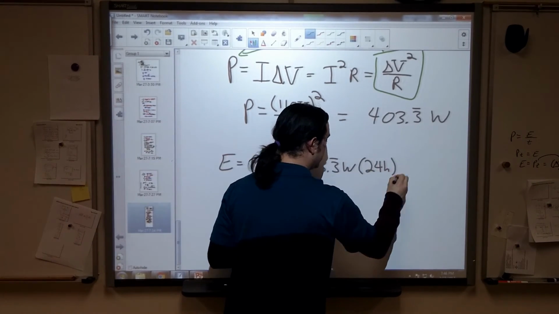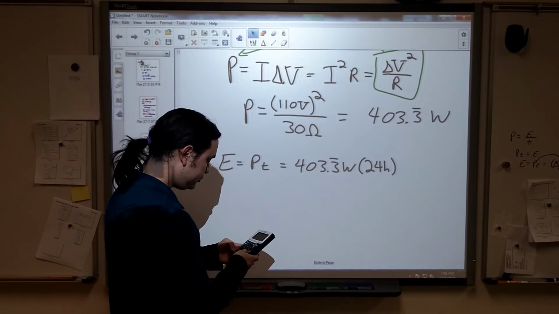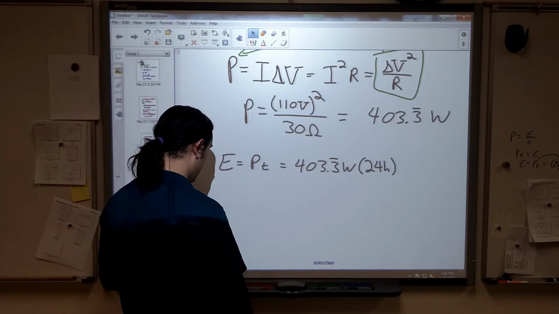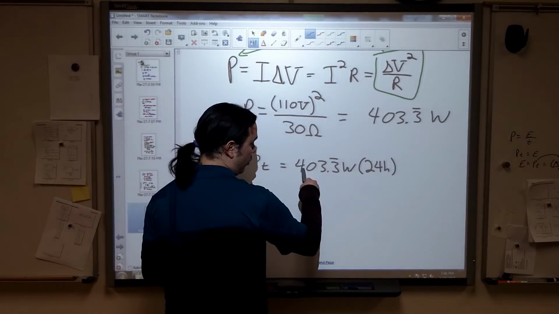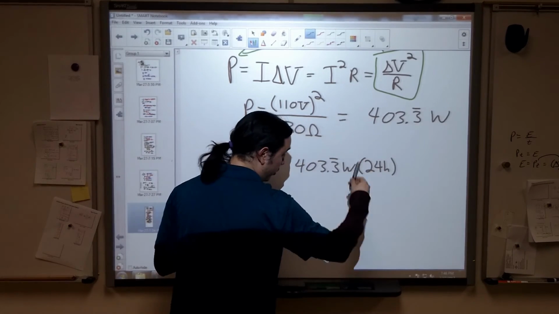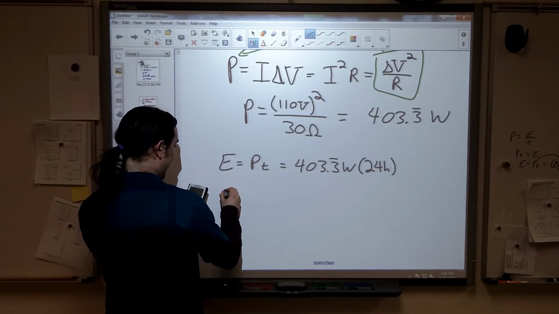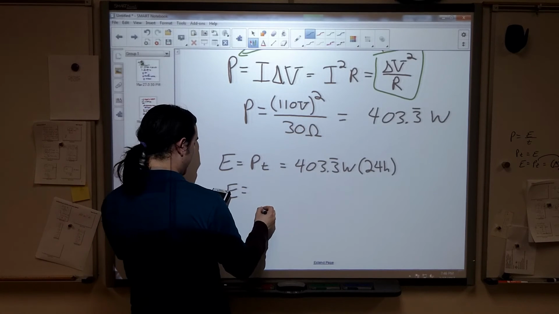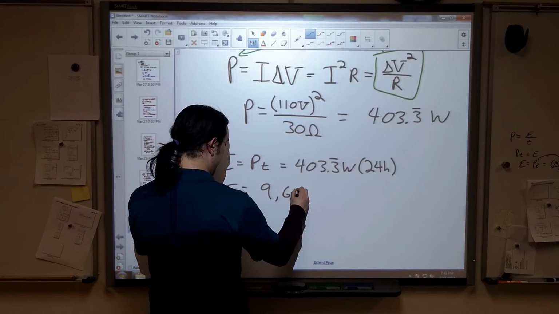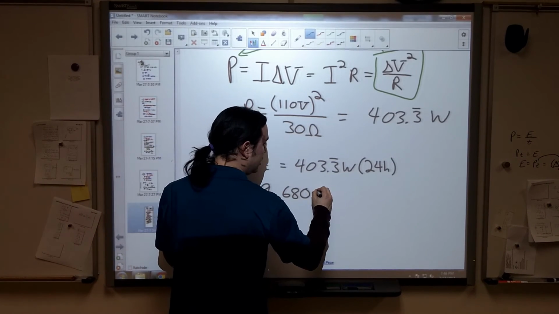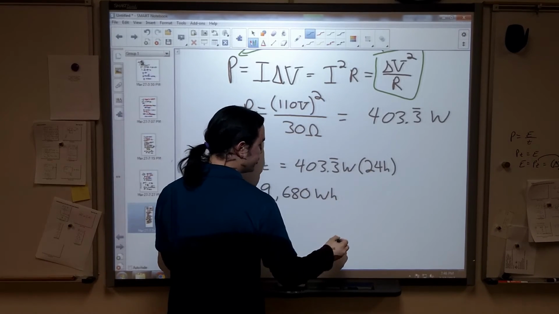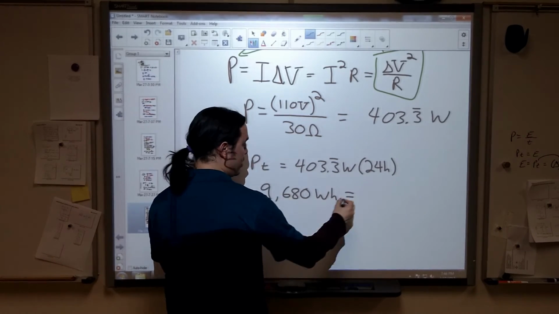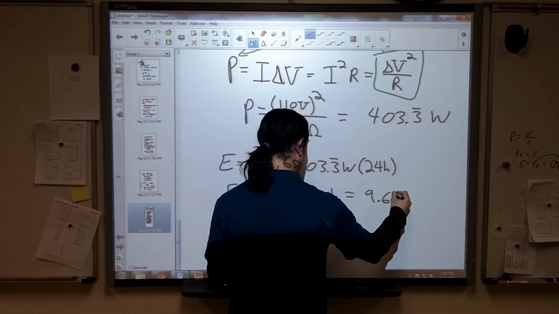It's important to try and conserve power whenever you can. So I'm going to multiply this by 24, and if you keep 403.33333333, all those extra threes, when you multiply these out, you find that the energy comes up to 9,680 watt hours, which I could divide by 1,000, and that would give me 9.680 kilowatt hours.